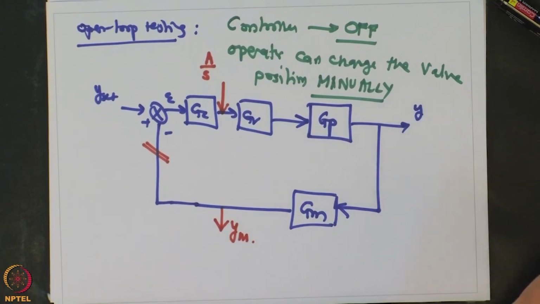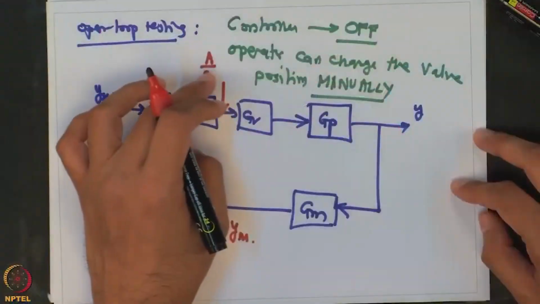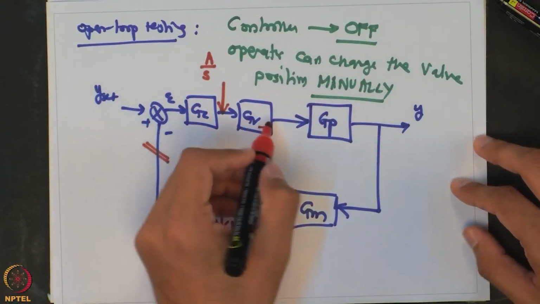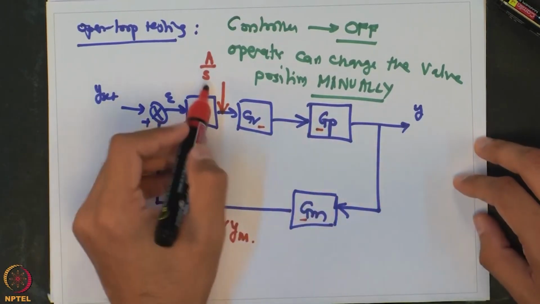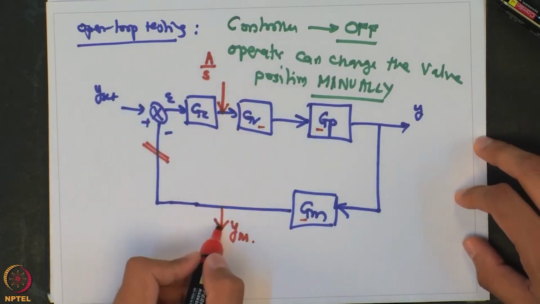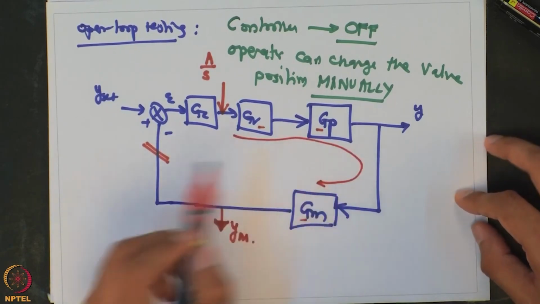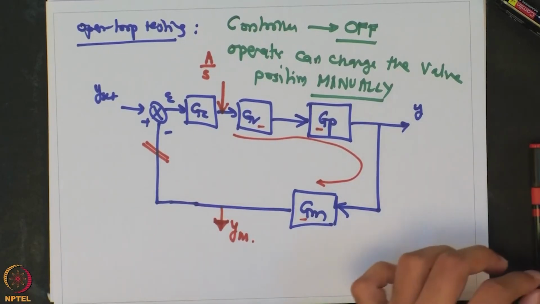That is what is done during open loop testing: you put the controller into off mode, so the controller does not come into the analysis. All you are analyzing is the effect of the valve transfer function, process transfer function and measurement, and you are seeing, if you have a step change into the valve opening, how your output changes. So essentially what you are interested in is finding this entire transfer function. This transfer function is known as a process reaction curve.